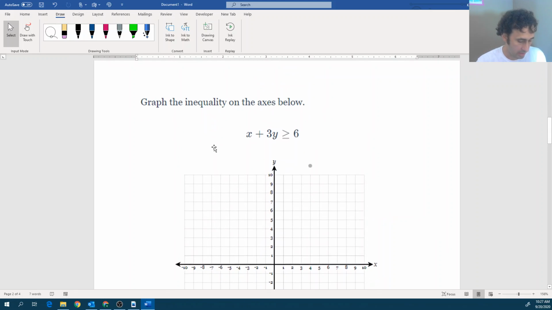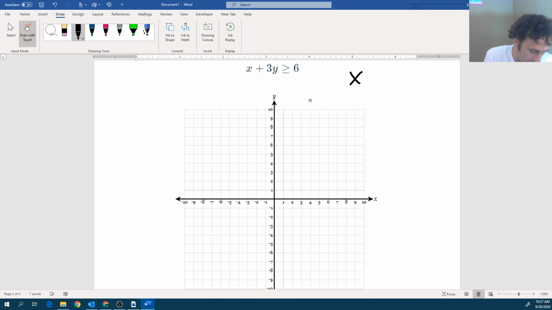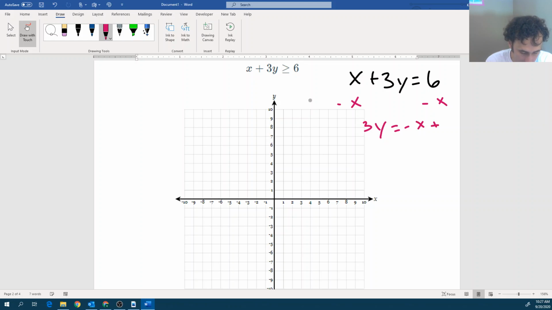We have x plus 3y is greater or equal to 6. So if we consider that like we have in the past, if that was an equal sign, x plus 3y equals 6, we'd have to decide how we're going to solve it. So a problem like that, we'd start by subtracting the x over. 3y equals negative x plus 6.